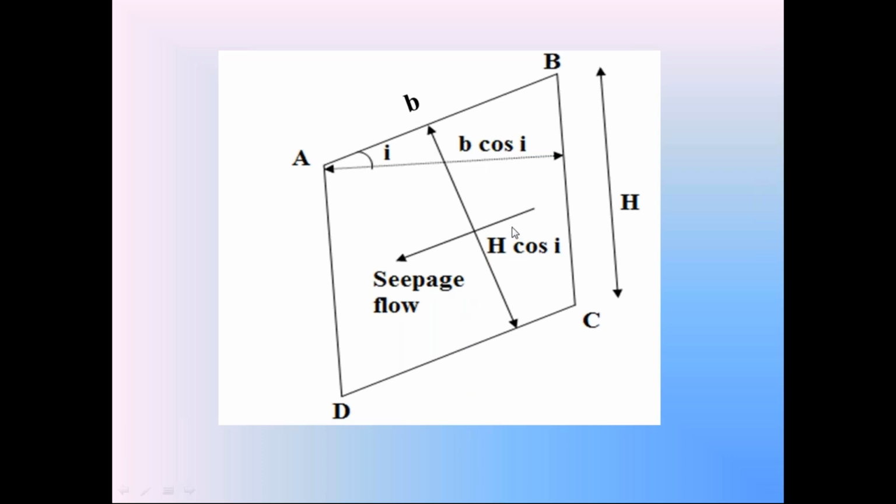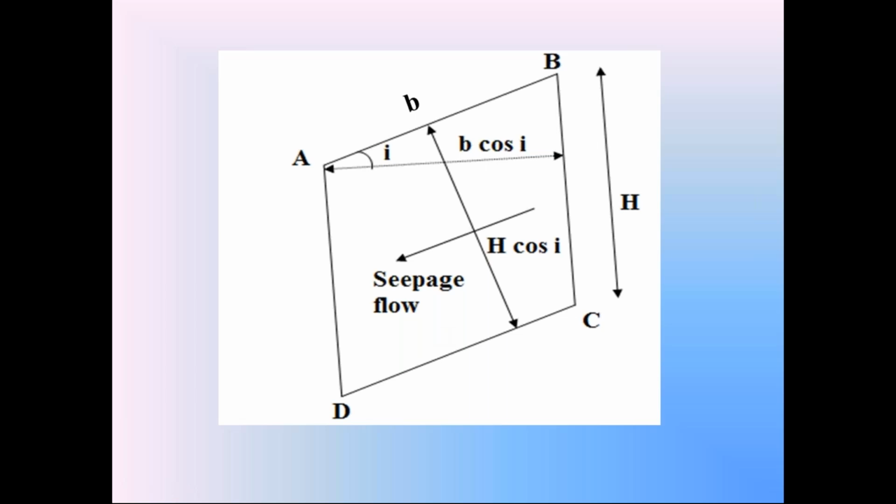Whether the seepage flow is in the inclined, horizontal or vertical direction, whatever the direction of seepage flow, the pore water pressure in the soil acts vertically upward. The magnitude of that pore water pressure we indicate with the symbol small u.